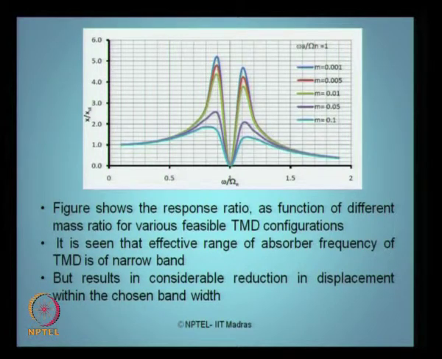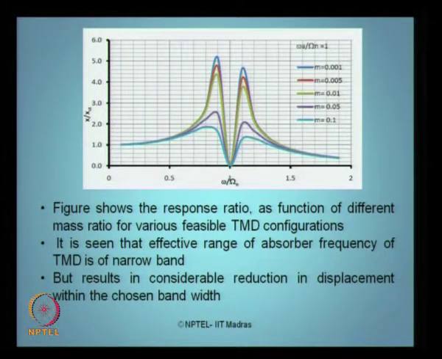So, we attempted different mass ratios of mu varying from 0.1 to 10%, which is the ratio of the secondary mass to the primary mass system, and the plot shows that at the resonating frequency of the primary mass system, the response ratio of x versus x static becomes practically 0, whereas the peak is now shifted to the adjacent bands at approximately 0.4 and 1.1.